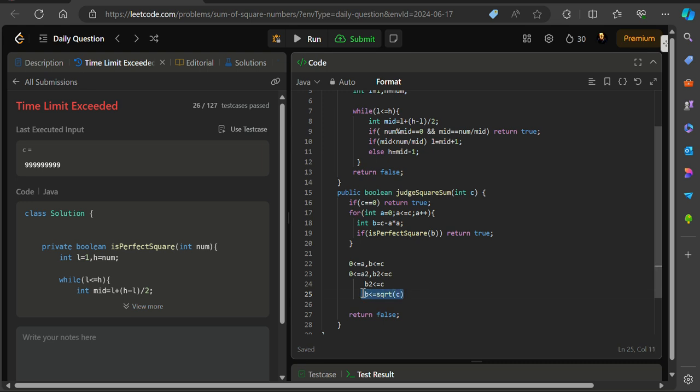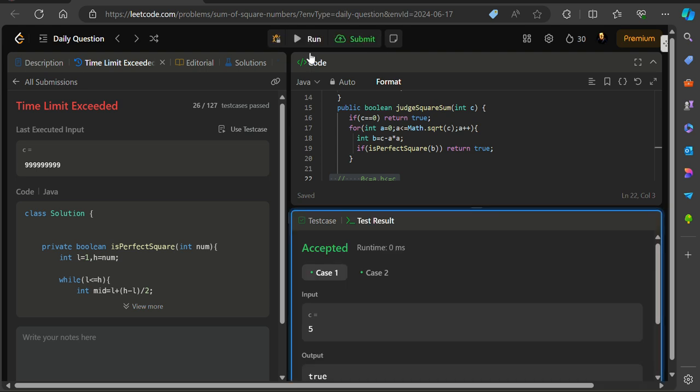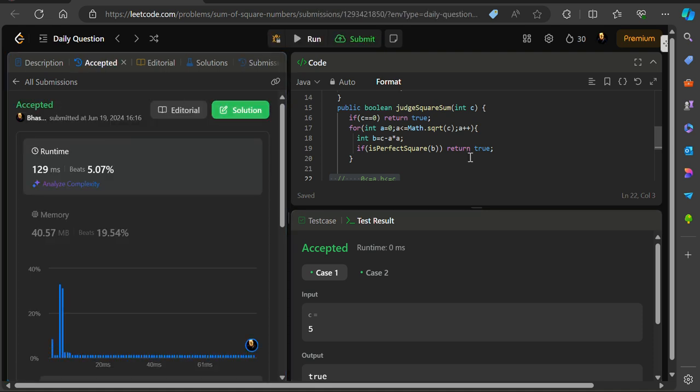So instead of iterating up to C, if I do square root of C, yeah, it has passed.